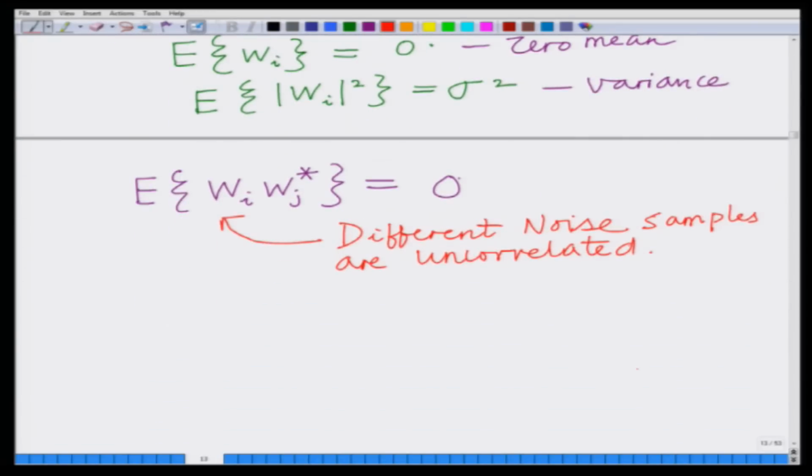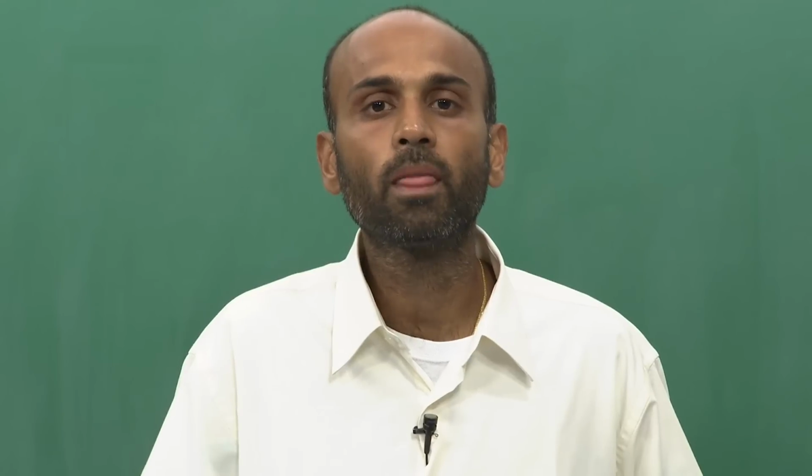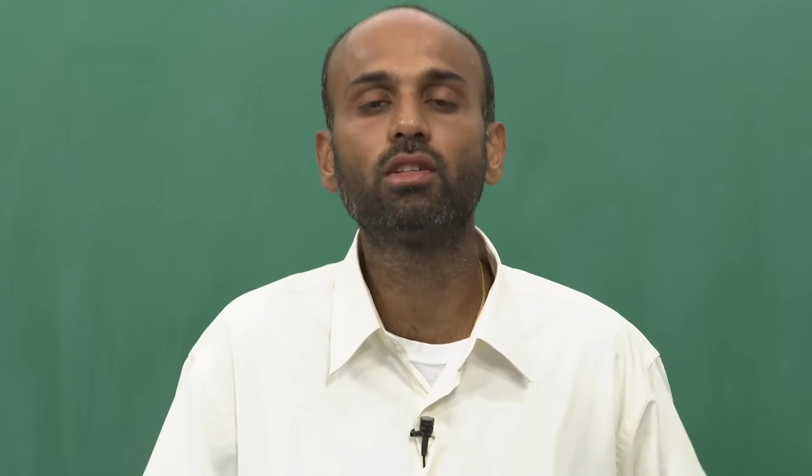These noise samples are basically independent, which also automatically means they are uncorrelated. However, remember only in the case of Gaussian, uncorrelated also means that they are independent. So, we are considering independent identically distributed Gaussian noise samples with 0 mean, variance sigma square, and covariance between the noise samples at two different antennas is equal to 0.